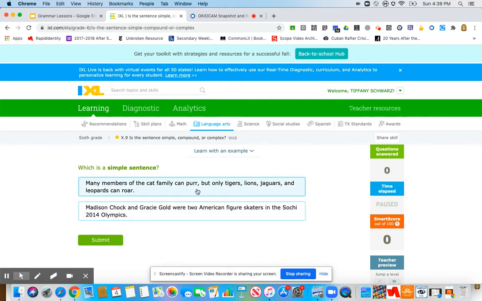My first option has a comma and a coordinating conjunction. And I know that many members of the cat family can purr. That's an independent clause. The subject is many members of the cat family. What do they do? They can purr. My second independent clause is only tigers, lions, jaguars, and leopards can roar. So this sentence pattern is IC, comma, fanboys, IC. That makes this a compound sentence.